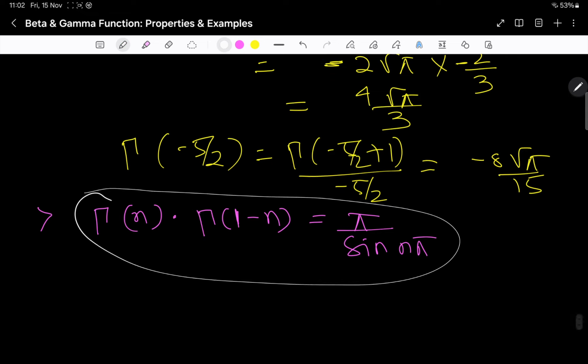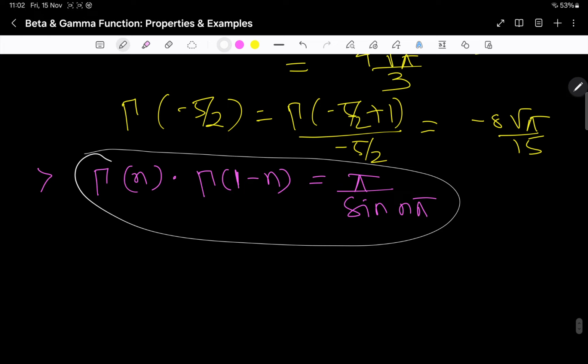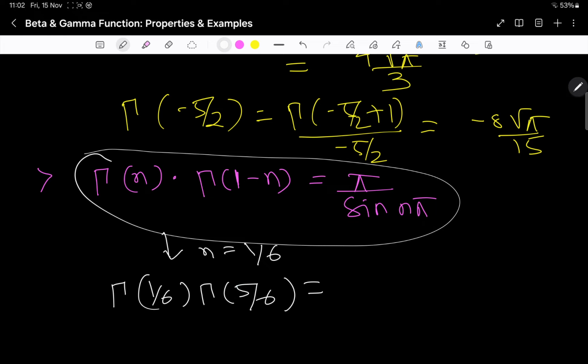We'll just remember this property. Suppose I put n equal to 1 by 6, then what will happen? It is gamma 1 by 6 into gamma of 1 minus 1 by 6, 5 by 6. So this will be pi by sine pi by 6.